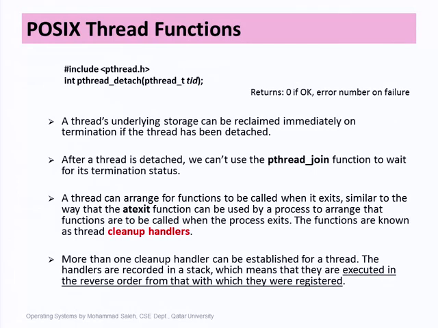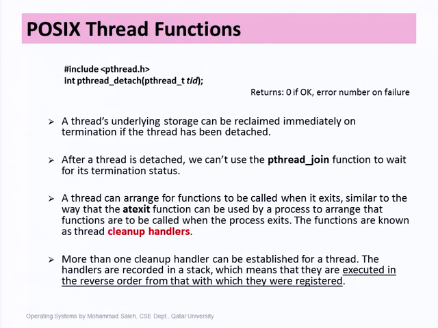I use it with a process, not with a thread. atexit is a function that lets me make it call other functions to do some kind of cleanup or reinitialization, such as releasing certain resources or changing flags, before the process is exiting. But here I'm not using atexit because that's for a process. So I'll be using another set of functions, that we'll see one of them in a while.